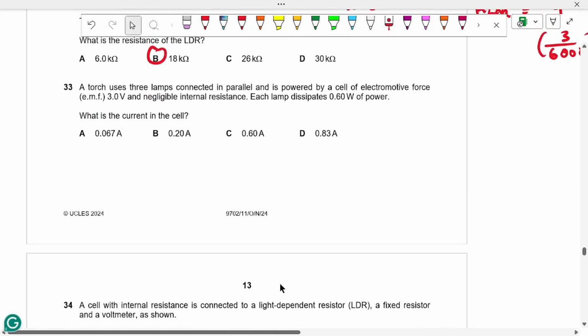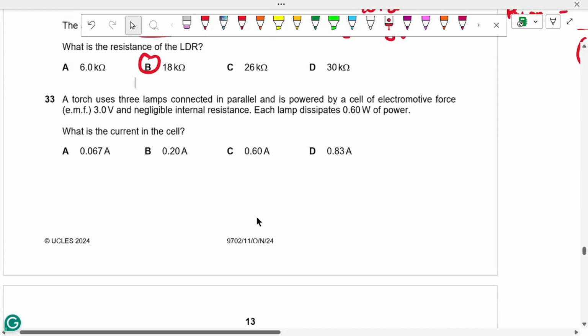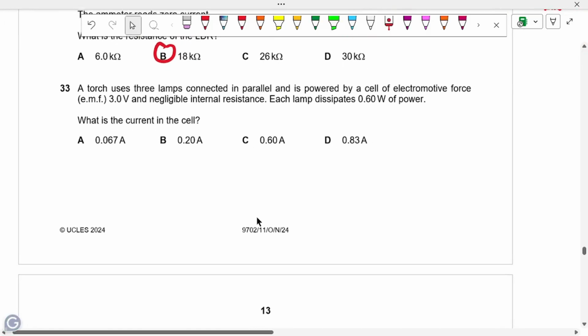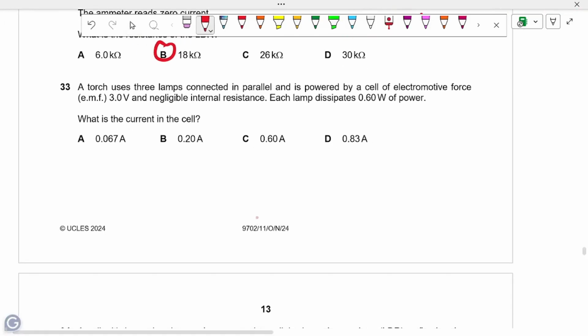Question 33. We have a torch that uses 3 lamps connected in parallel and is powered by a cell of EMF 3 volts. So you have a cell, let's put it over here, with 3 volts. Then it powers your little torch, and it's powered basically by all of this.